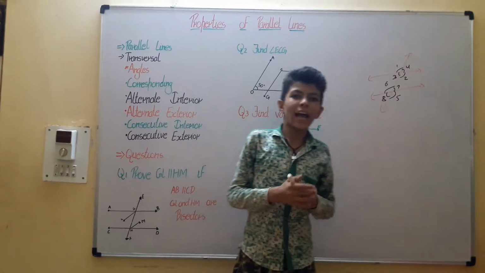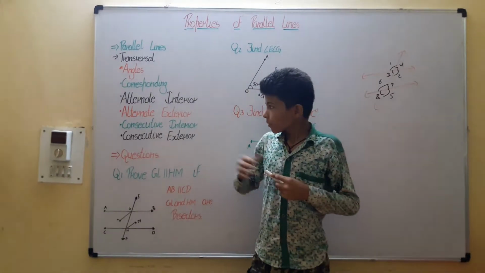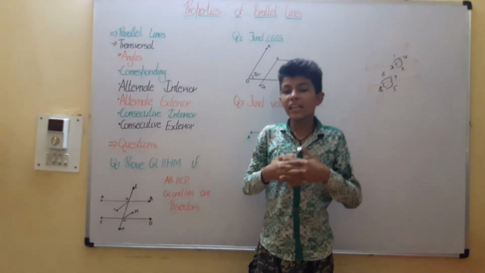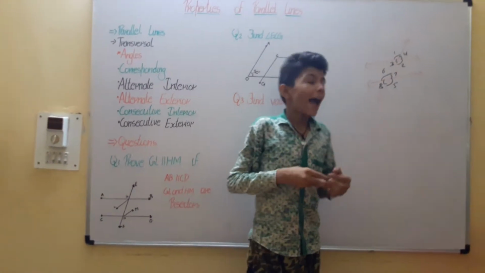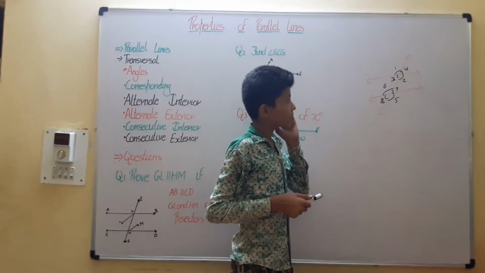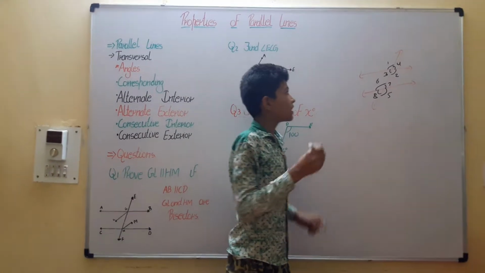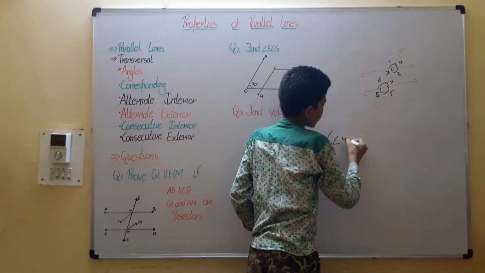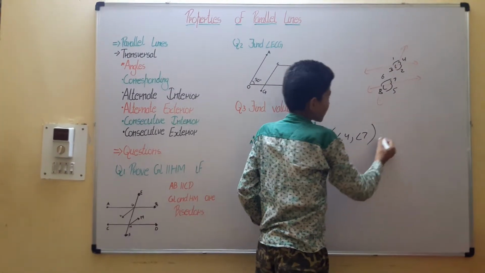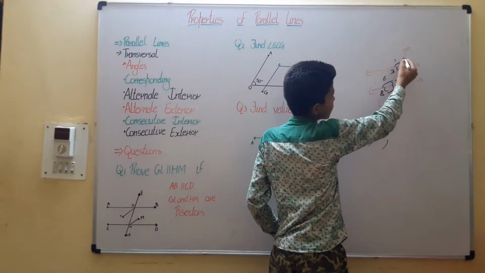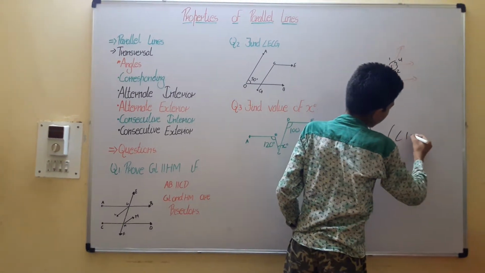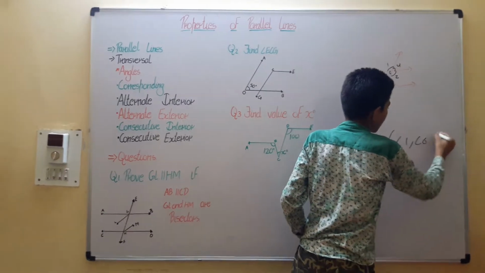The first type of angles is the corresponding angles. Corresponding angles are the angles of which the first set is angle 4 and angle 7. The second set is angle 1 and angle 6.